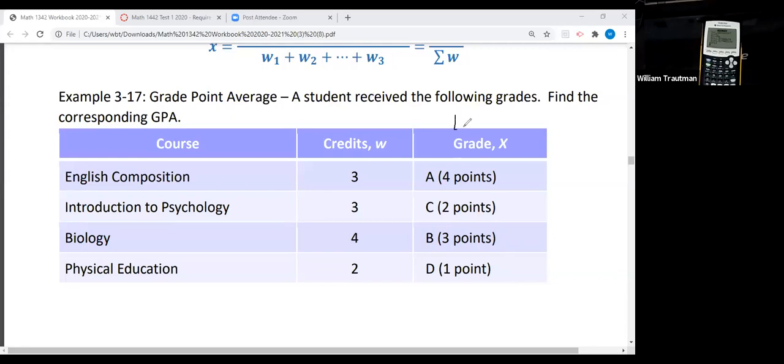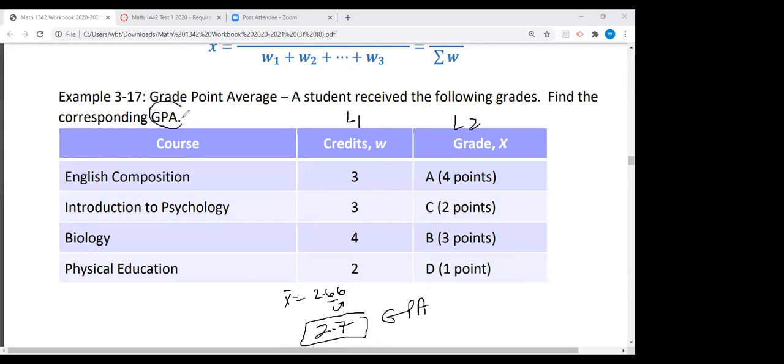Once again, we put this in L2, we put this in L1, and my mean is 2.66. Since the data is all whole numbers, we round it to 2.7. This is my GPA, my grade point average of 2.7.